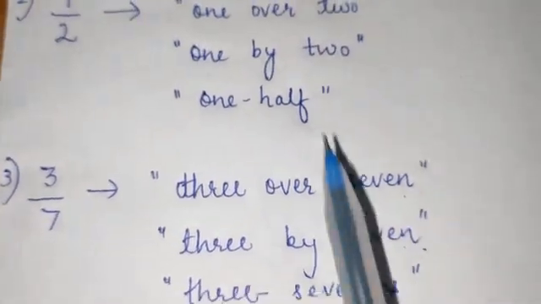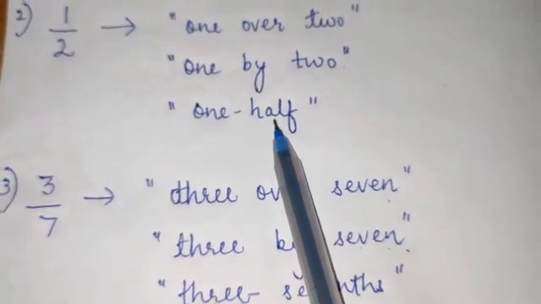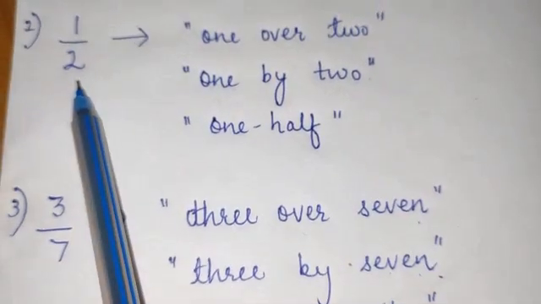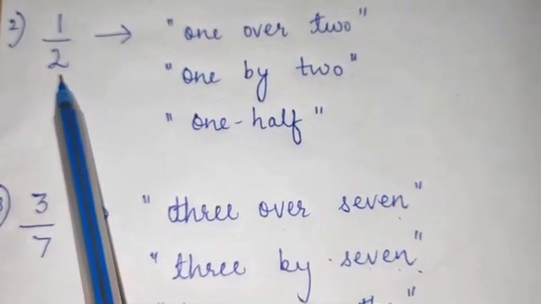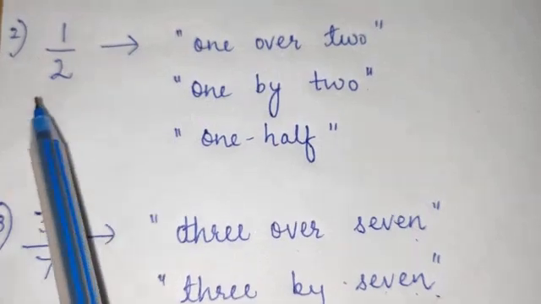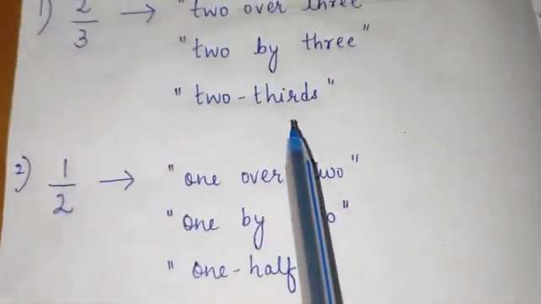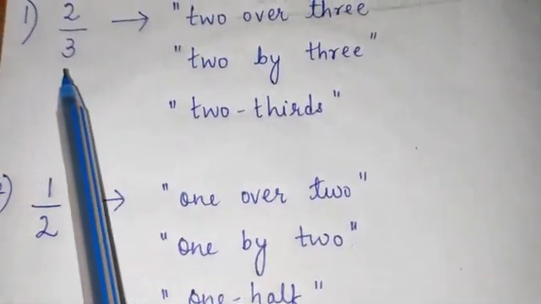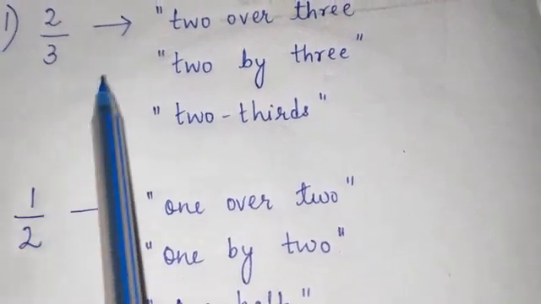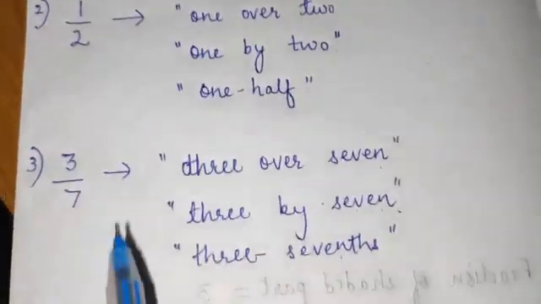You can use half or halves for the denominator 2, when the total number of parts is 2. You can use third if the total number of parts is 3.